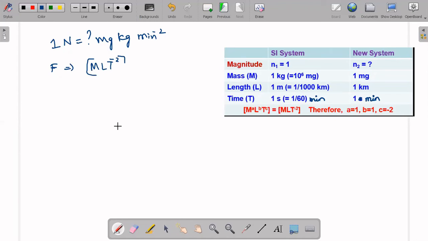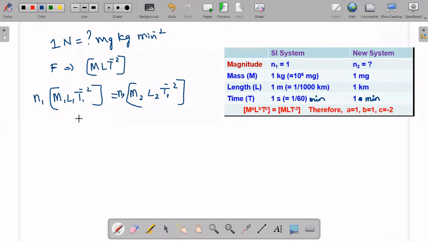Now, if I use this, the general formula we will write is n1 into M1 L1 T1 to the power of minus 2 is equal to n2 into M2 L2 T2 to the power of minus 2. Here we want n2. Let me substitute. n1 is 1 Newton, so 1 into M1, which is 10 to the power of 6 mg.